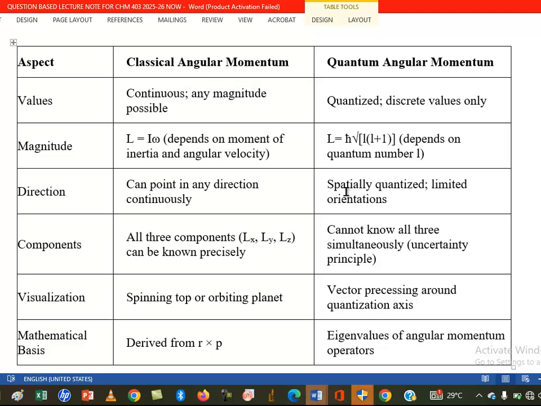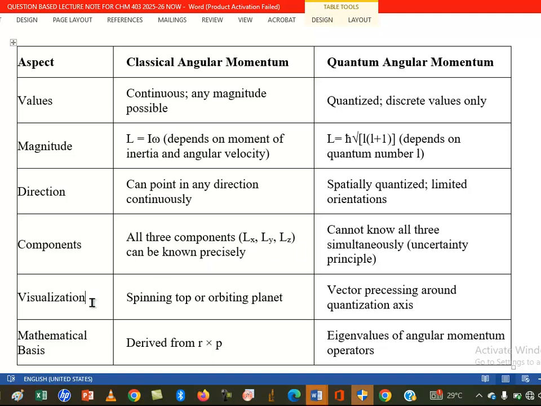For quantum, you have limited orientations. For components, for classical, all three components can be known precisely. But for quantum, all three cannot be known simultaneously because of the uncertainty principle.